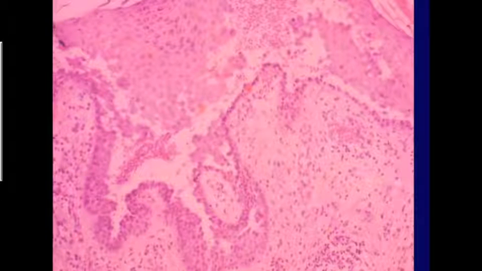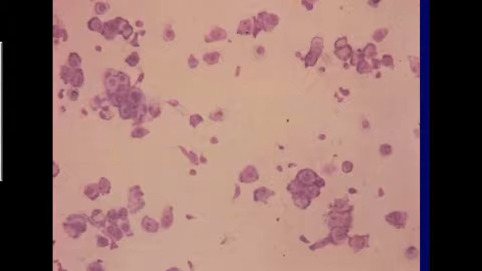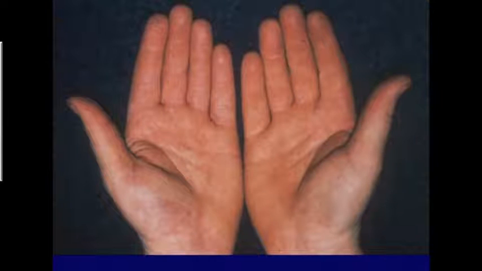And here it's a classic histological finding. But a Tzanck smear, as you can see here, will show a large number of acantholytic cells, which are these rounded cells, and may help you also with the diagnosis, particularly if you have another differential diagnosis.